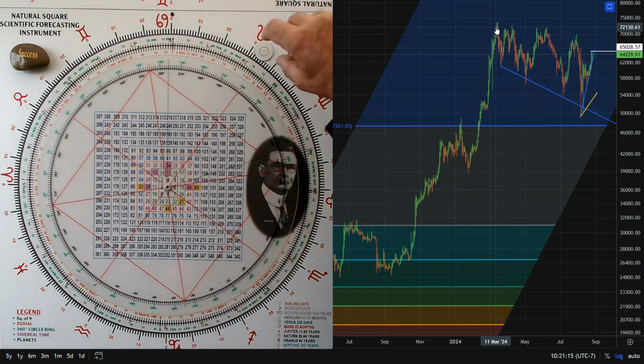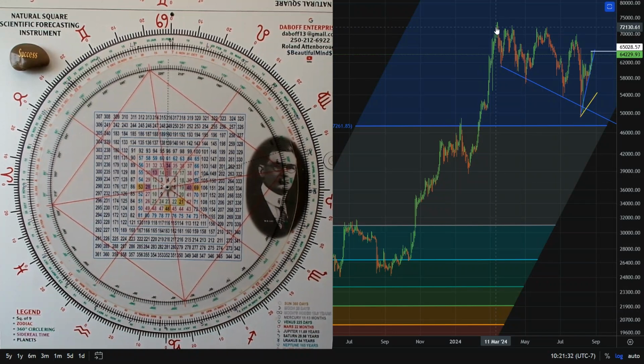Our next point where we could expect maybe a change in trend or a reaction would be probably 45 days later, and that represents April 26th. All right, well, I wonder what happened over there on April 26th. Oh, another swing top before a major move down.